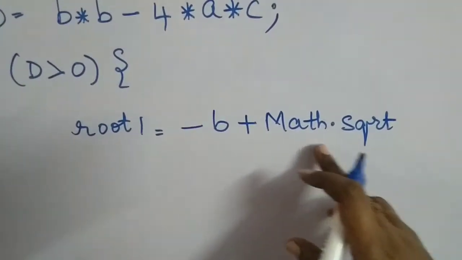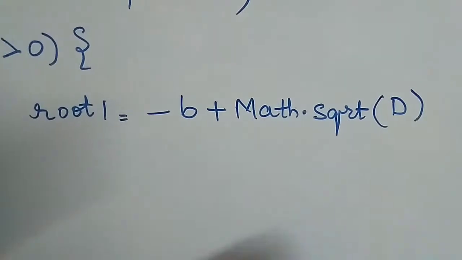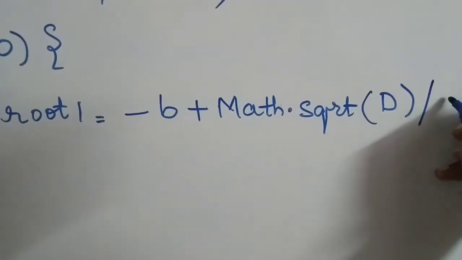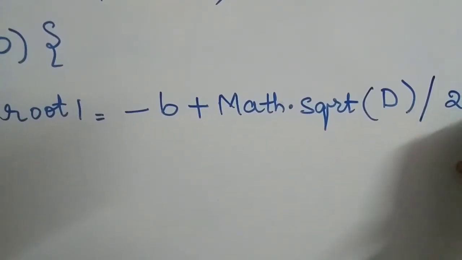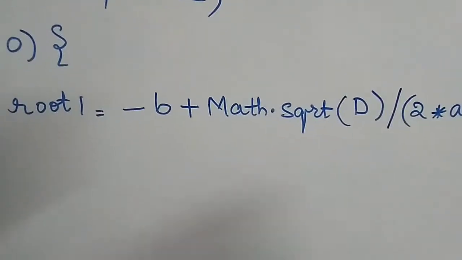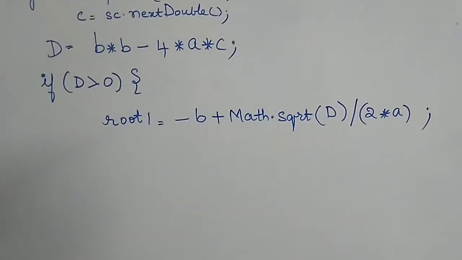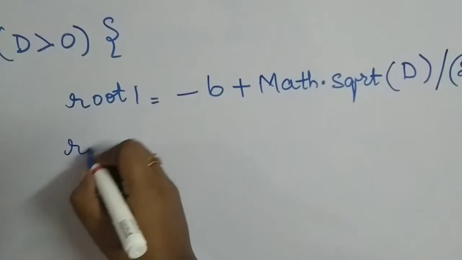So that's why I said math.sqrt. So sqrt of capital D, divided by 2 into A. I'm putting it in brackets, and there is a semicolon at the end. By doing this, root 1 is calculated.